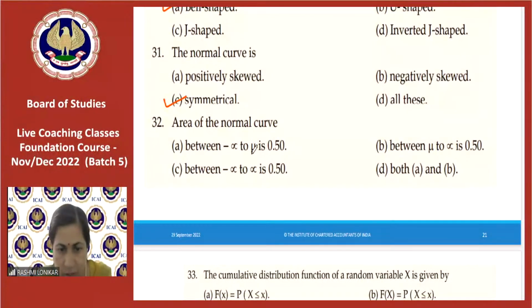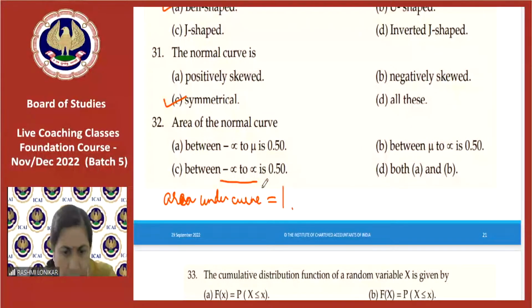Between minus infinity to mu, it is 0.5. Between minus infinity to plus infinity is 0.5, between this and this. Now here, see the C, minus infinity to plus infinity. What is it saying? Area under curve is how much? Equal to 1. So under curve means from minus infinity to plus infinity, it is equal to 1.